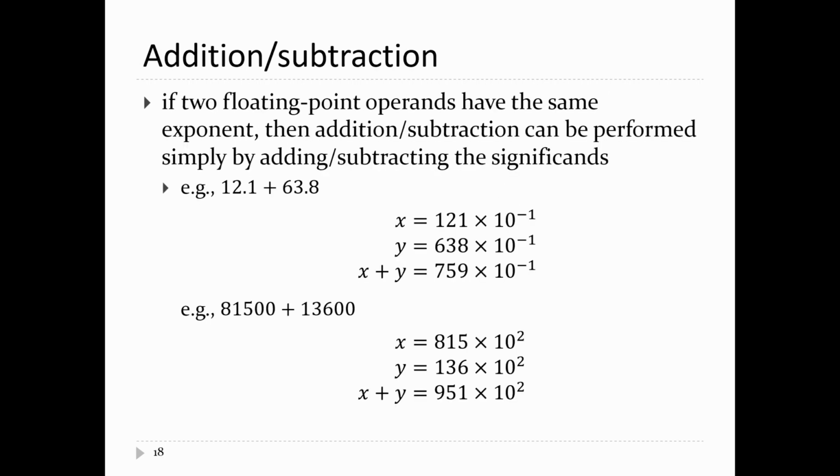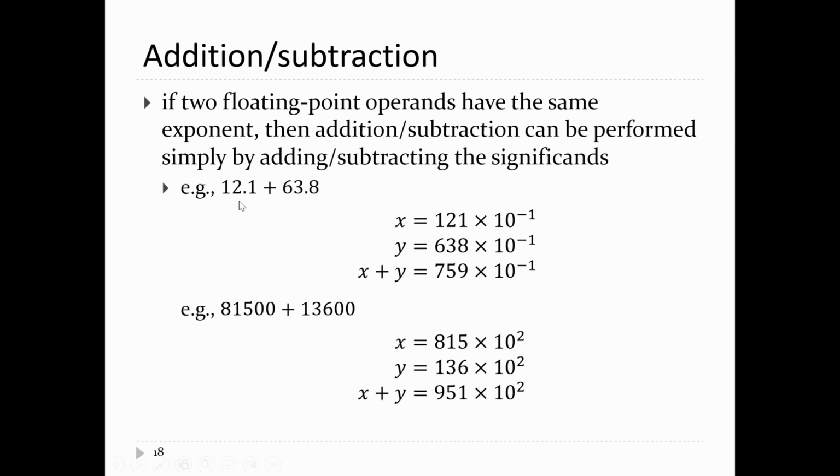Okay, so now that we know how to compute error, how do we actually do some arithmetic? How do I add and subtract? If you want to add two floating point values, those are called operands. If they have the same exponent, then it's pretty easy to add them together. You just add together their significands. In other words, you add together the number in front of the exponent.